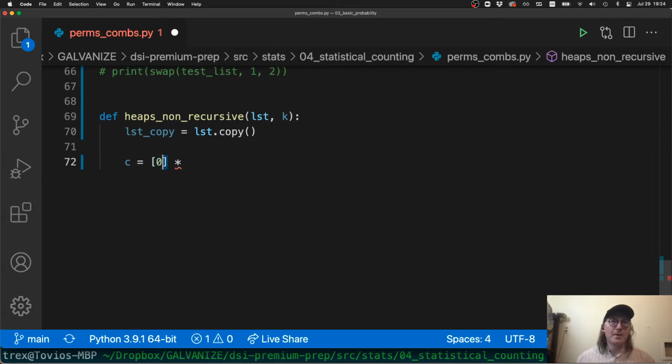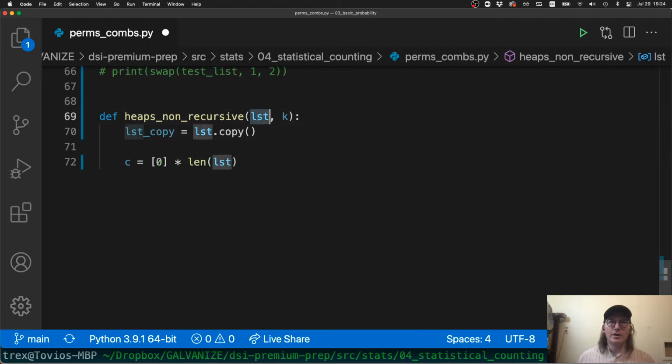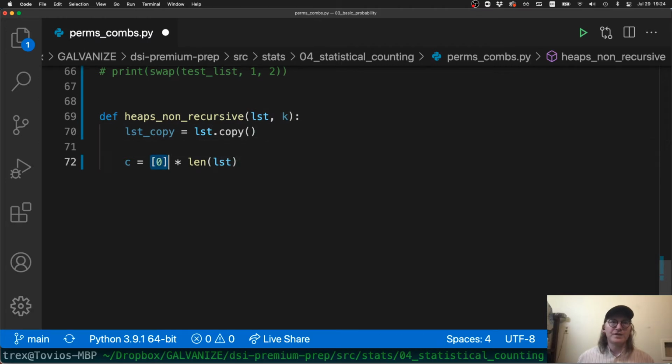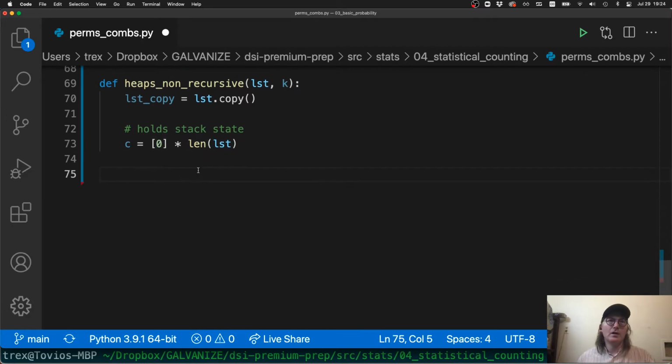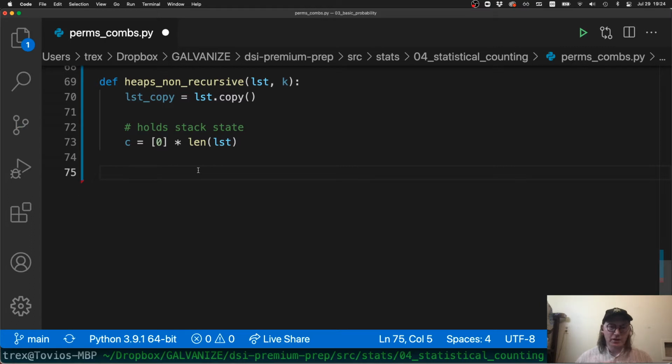And notice I'm going to make a list that is the length of our number of elements, and I'm going to set all the values in that list to 0. And it's going to be a bunch of pointers for indices, okay? And I'm going to say that this holds the stack state.